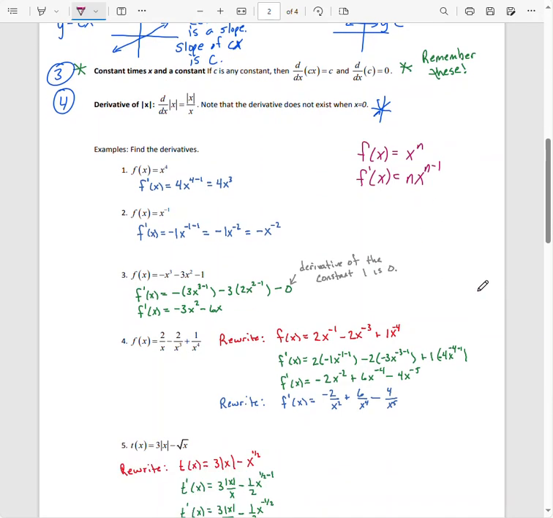So now we have the sum and difference rule, we have the power rule, we have the constant multiple rule. Check this out. We could take the derivative of a polynomial. So we're going to focus one thing at a time. F of x equals negative x to the third. So I'm going to leave that negative alone because that's my constant multiple out front. I focus just on the x to the third, and I bring down the 3. I leave the x, I subtract 1 from the exponent.